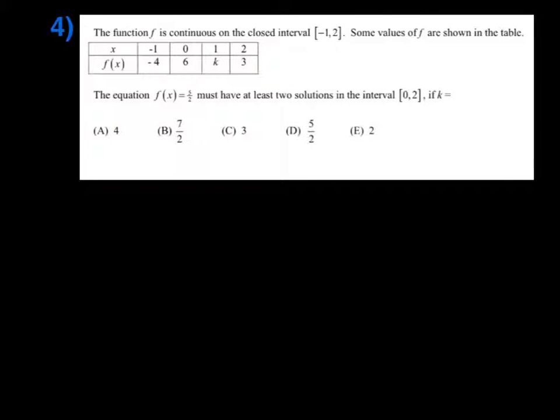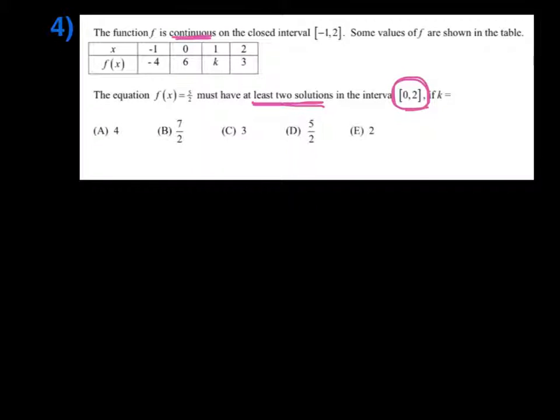Okay, this last question says, the function f is continuous. Again, there's that magic word. The function is continuous on the closed interval, negative 1 to 2. Some values of f are shown in the table. So you can see they give us these values here. The equation f of x equals 5 halves must have at least 2 solutions in the interval 0 to 2.